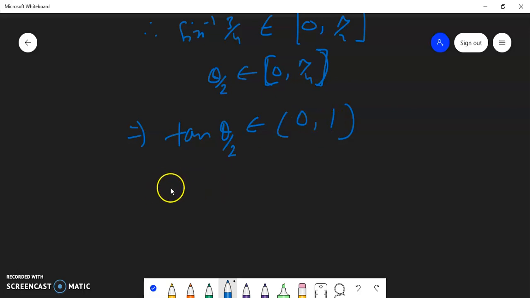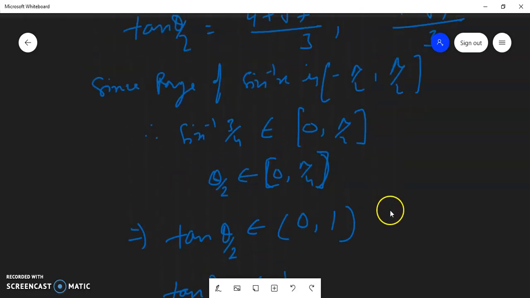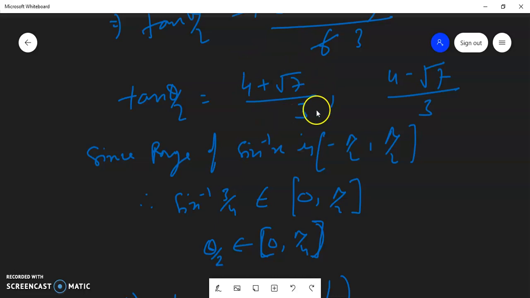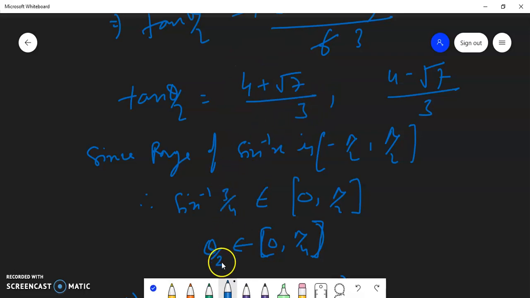That means we concluded tan theta by 2 should be less than 1. So what we were getting as the value of tan theta by 2, if I look up here, is these two values. Is this less than 1 or more than 1? Obviously this one is more than 1, so this value is not possible. And the answer is the other one, because this value is less than 1.